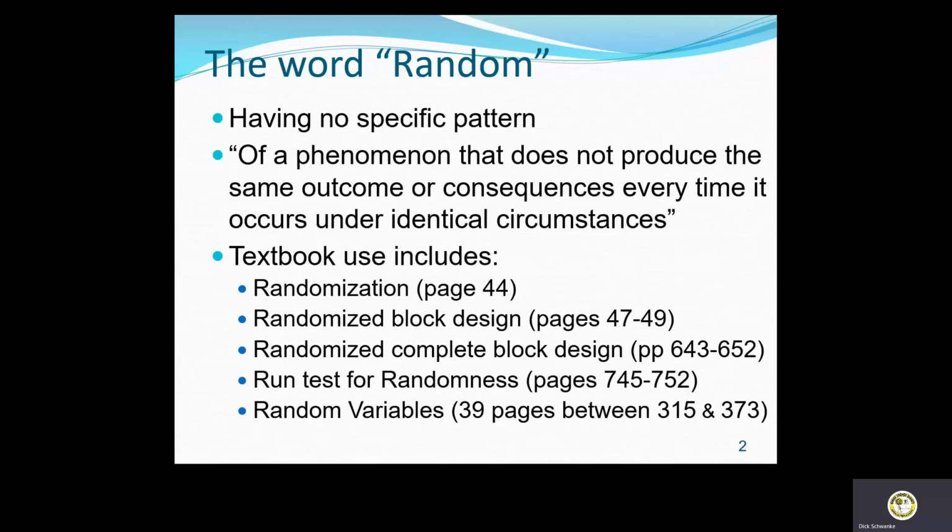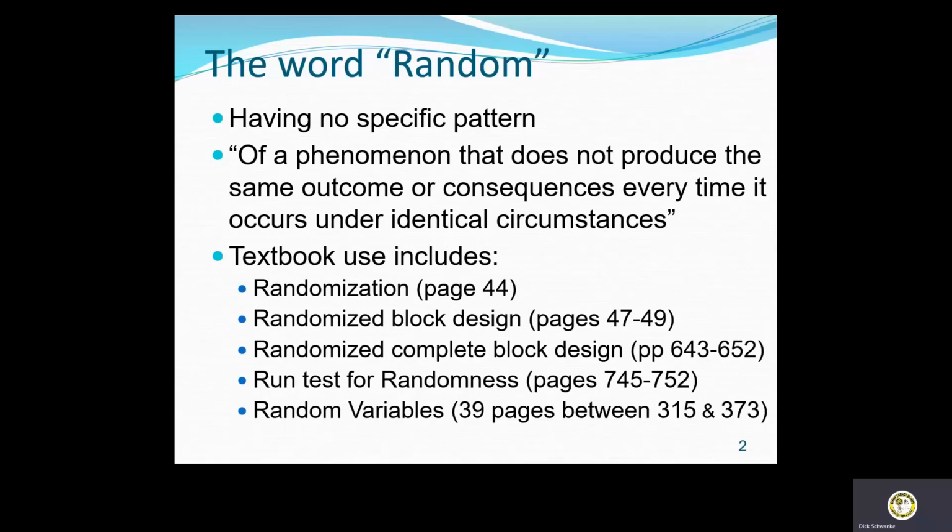And the word random variable shows up, by my count, on 39 different pages, in chapters 6, 7, 8, etc., pages 315 to 373. So the word random shows up a lot.